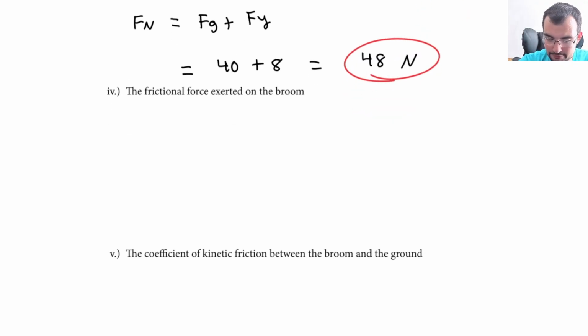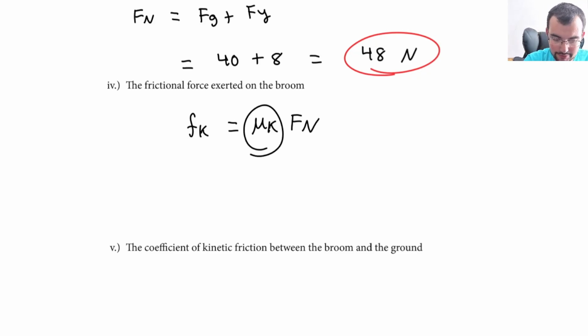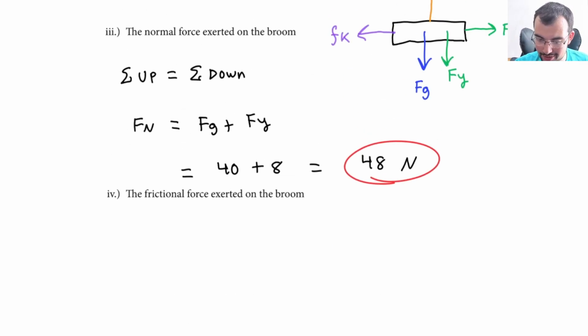All right, what about the frictional force exerted on the broom? Well, frictional force is given by mu k times normal force, but we don't have mu k because this part actually makes us calculate mu k. So we must be able to figure out what the frictional force is using another method. And just look at our component body.